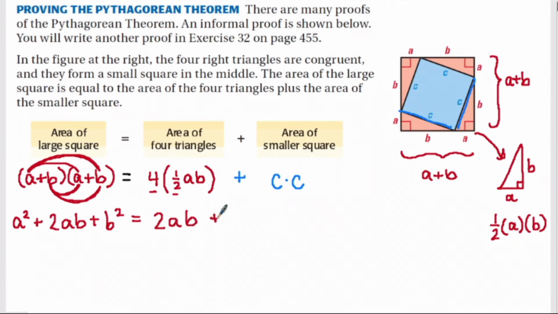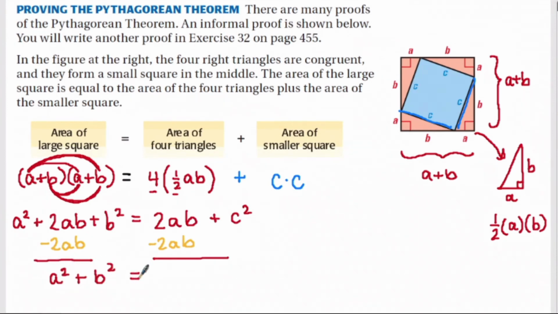And then over here we had c times c. We'll call that c squared. This is starting to have some Pythagorean theorem look to it. I did notice that I have some matching things on both sides, so I'd be allowed to subtract 2ab from both sides if I wanted to, leaving me on this side with a squared plus b squared, and on this side leaving me with c squared.